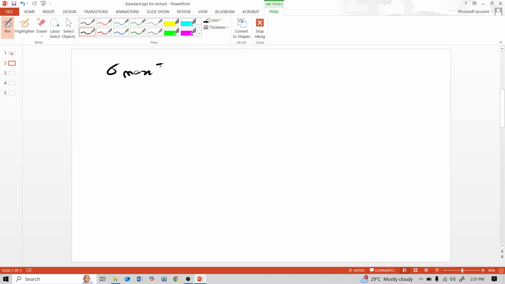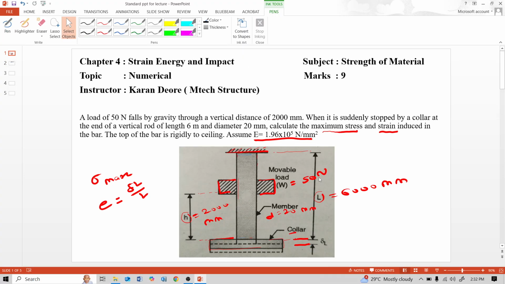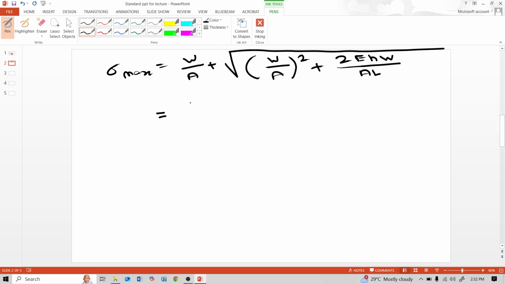Sigma max for impact load is load upon area plus under root of load upon area square plus 2 into modulus of elasticity E into height h into W upon area into length. So W is this 50 Newton. We put in this formula values in Newton and mm, so 50 Newton as it is.